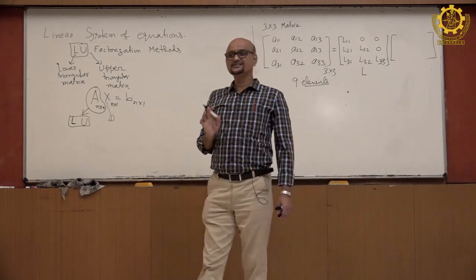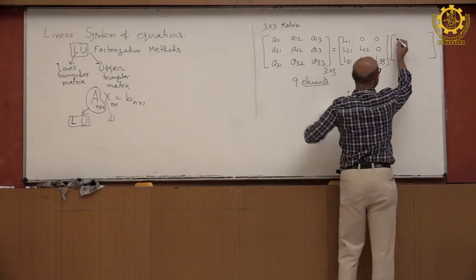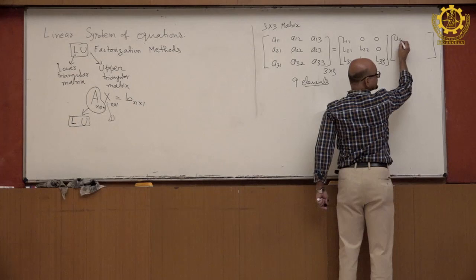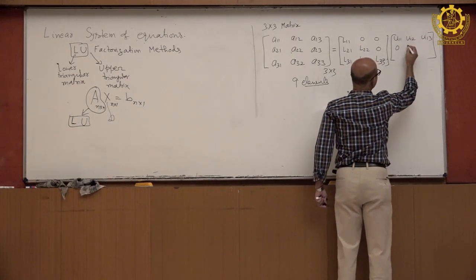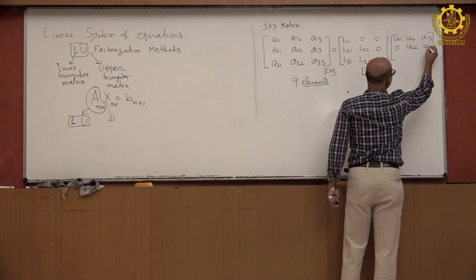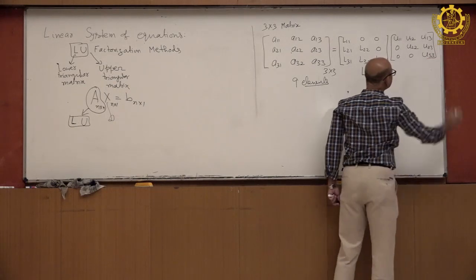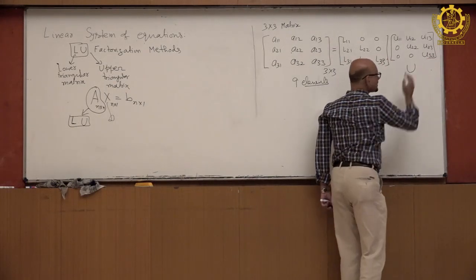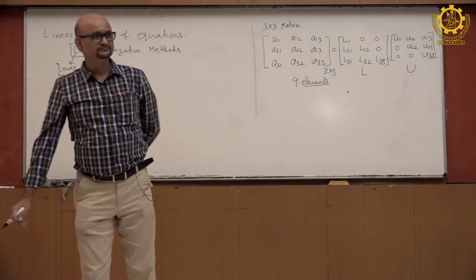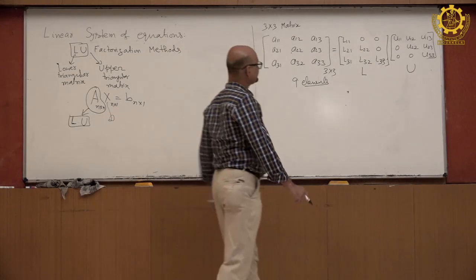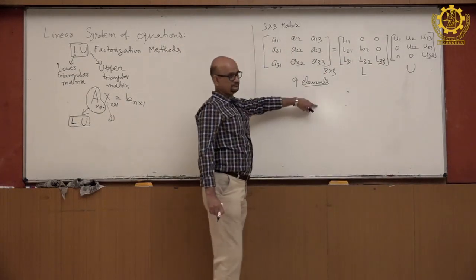We don't know these Lij's, but we know the elements of A. Fine. And let us write the upper triangular matrix, that means U11, U12, U13, 0, U22, U23, 0, 0, U33. This is your upper triangular matrix where I don't know Uij's. Fine. I have to find these Lij's and Uij's using these elements.